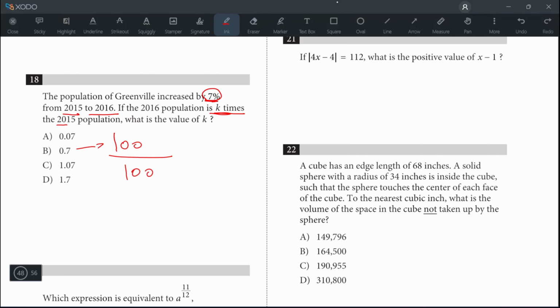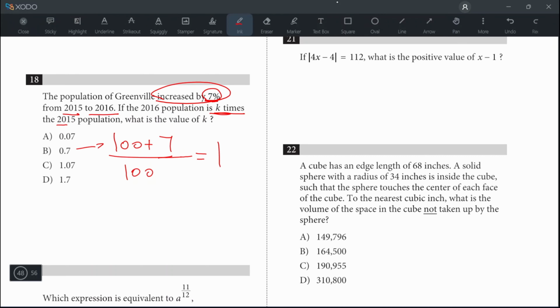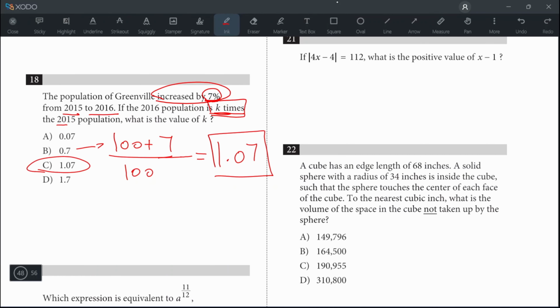Here he said that the population of Greenville increased, so we will add a positive sign, by 7%, so we will add a 7. And then we'll plug that into our calculator, and we will have 1.07. So the value of k is equal to 1.07. So the answer for this question is C.